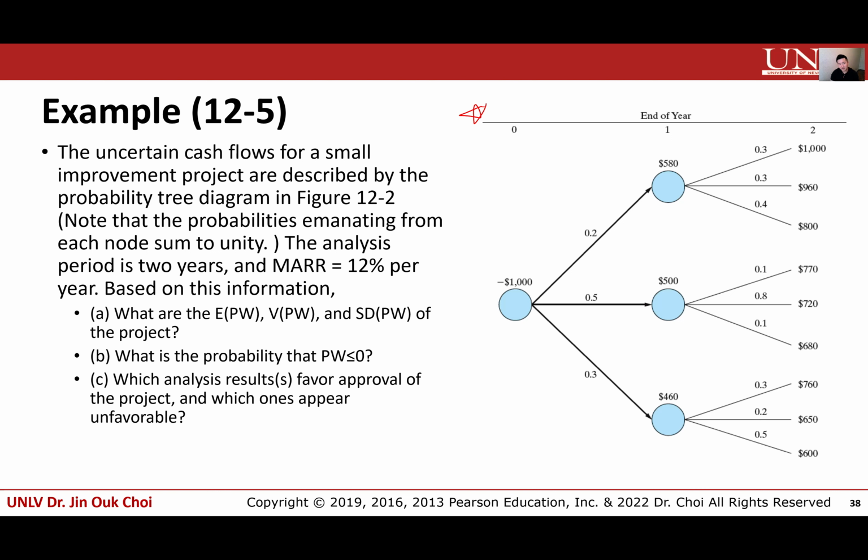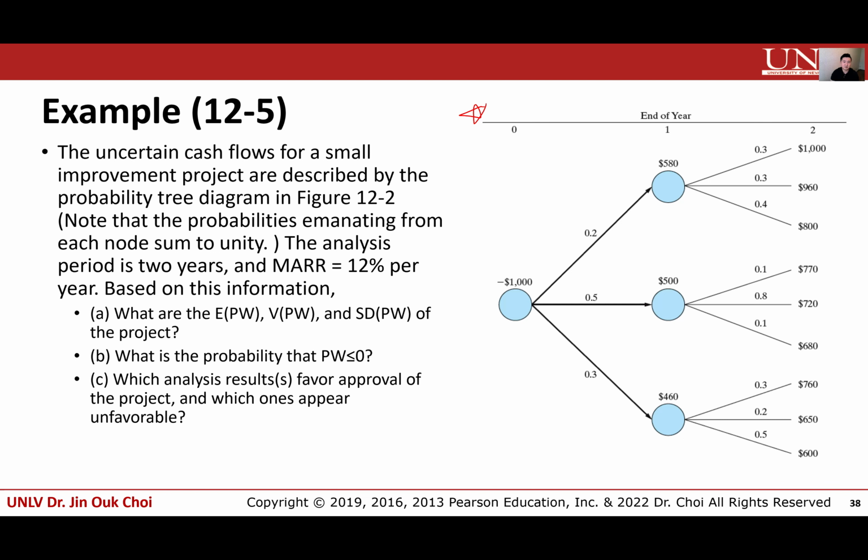The second question is, what is the probability that PW will be negative, which is, we want to know the probability that it will not be economical. Third, which analysis results favor approval of the project and which ones appear unfavorable.